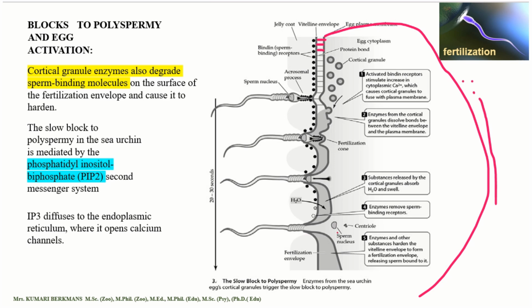You can see this is the sperm nucleus. The sperm nucleus is released here. Now it is ready to fuse with the egg nucleus and fertilization occurs. The zygote is the result.